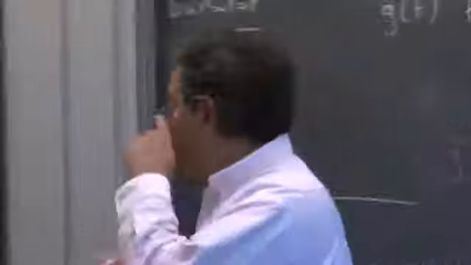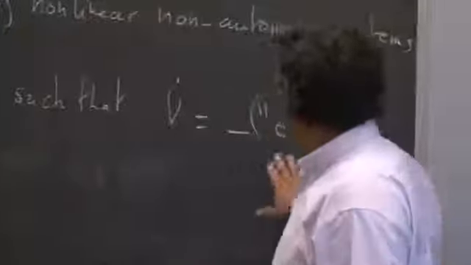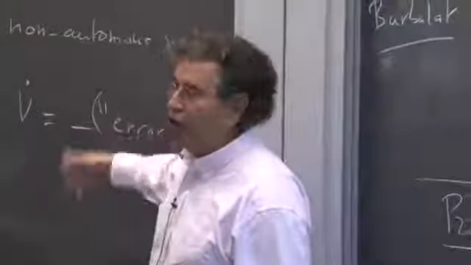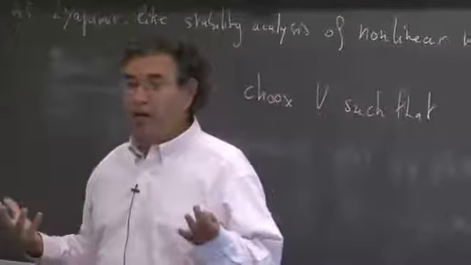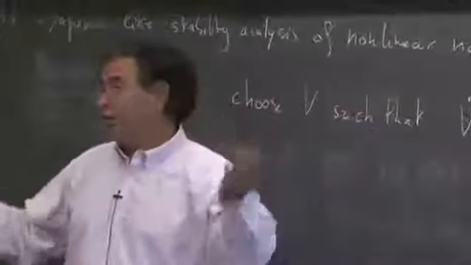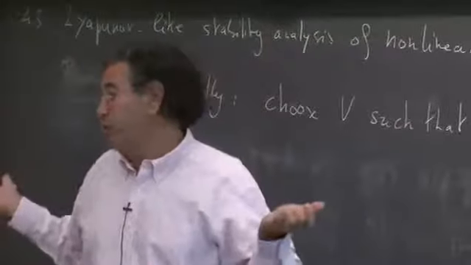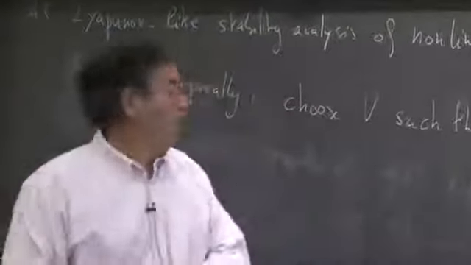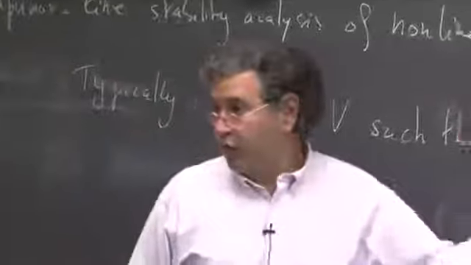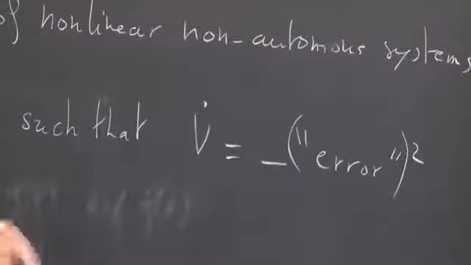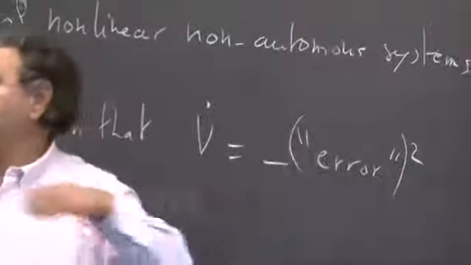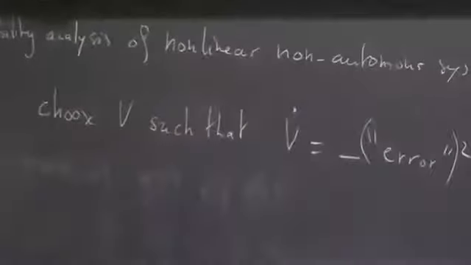You're going to choose v such that somehow v dot is minus your error term square or minus the absolute value of your error term or something like that, okay? So that applying the theorem and therefore knowing that v dot tends to 0 tells you that the error tends to 0, right? And of course you put a minus sign because you want v dot to be negative. Right? So typically it's going to be that, okay? It may be absolute value, it may be to the power 4, but typically it's going to be something like that.